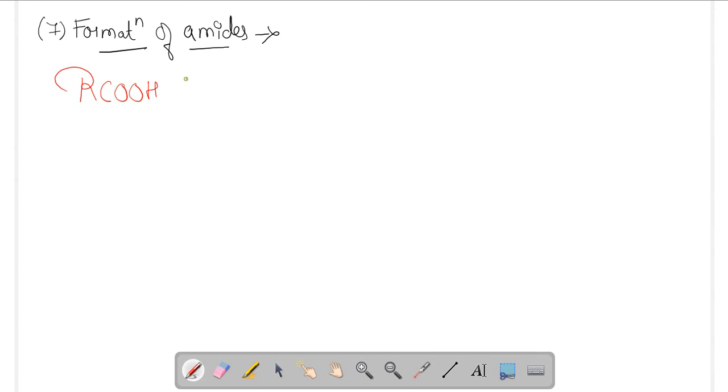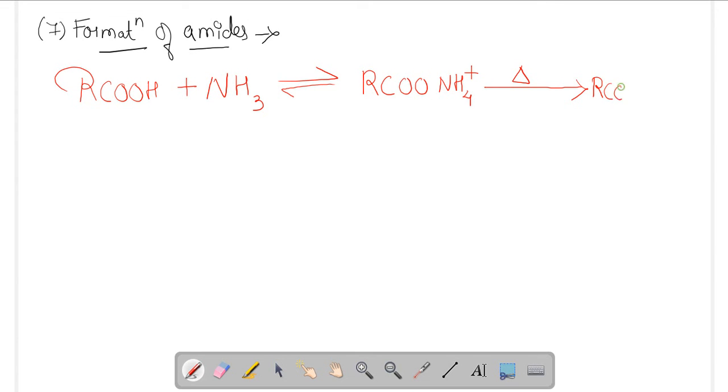RCOOH plus ammonia: when a carboxylic acid is reacted with ammonia, in a reversible reaction the ammonium salt of the carboxylic acid is formed, and on further heating of this ammonium salt, amides are produced and water is taken out.